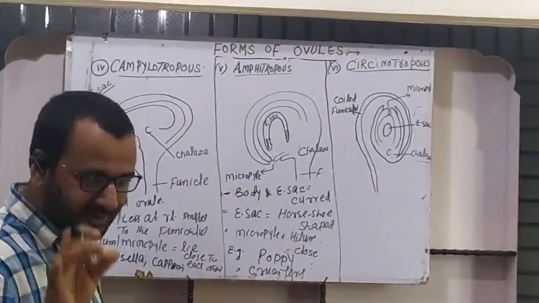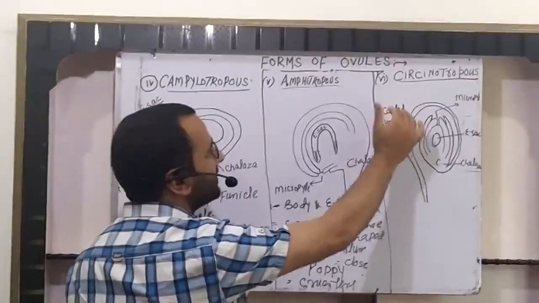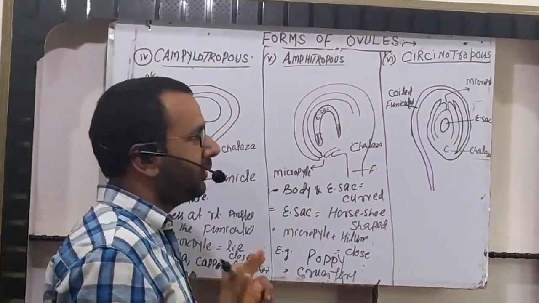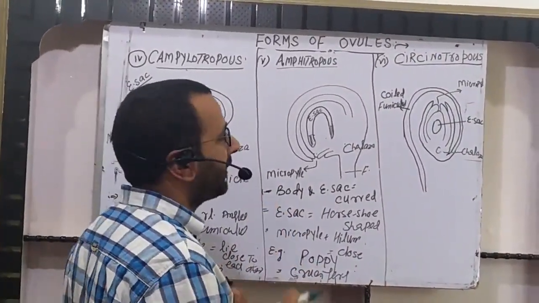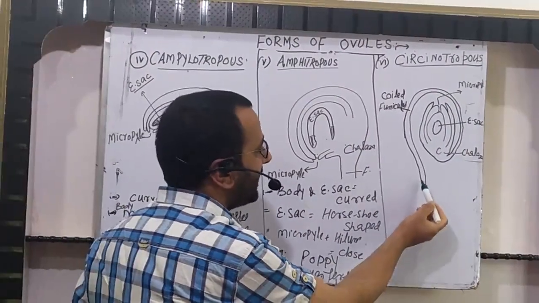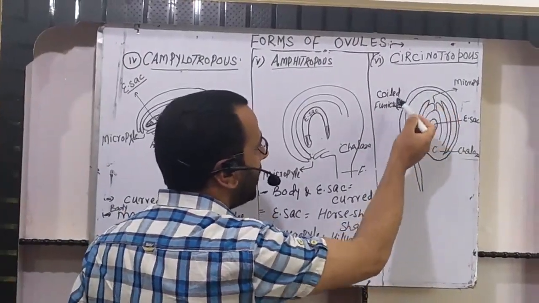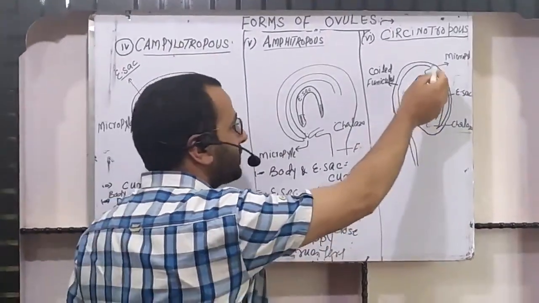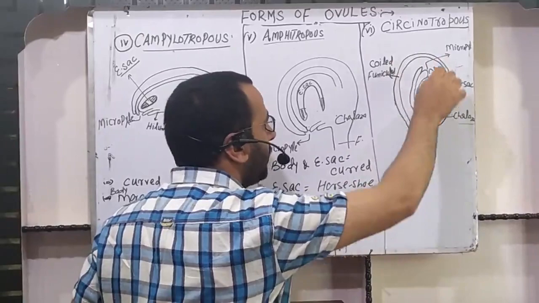Now coming to the last type of ovule, that is cercinotropous ovule. What is cercinotropous ovule? You can see in this ovule, this is the funiculus. It has a long funiculus in it, and this funiculus covers the ovule fully.